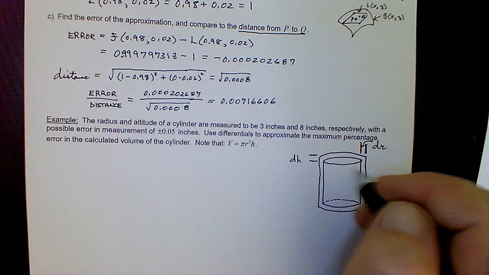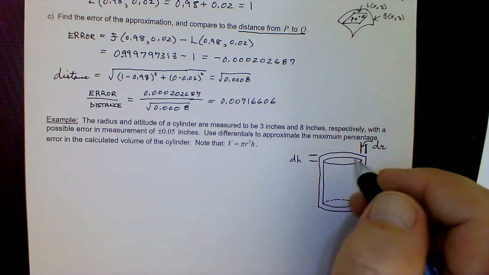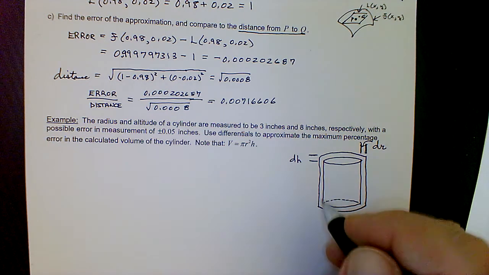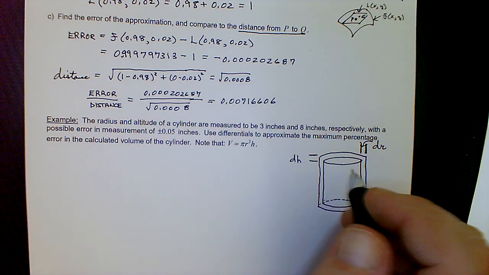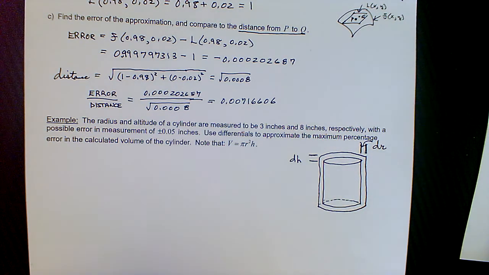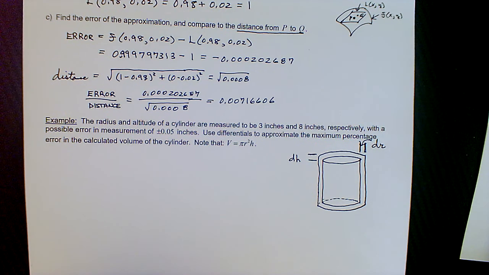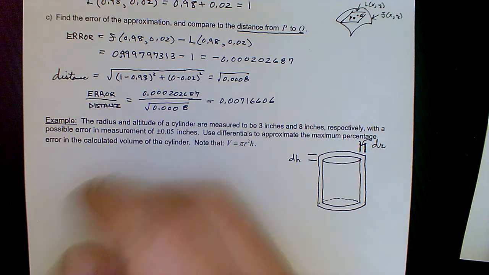So you can see they can have, and that could go inside as well. So you'd have a bigger can, but you want to approximate the maximum percentage of error in the volume.